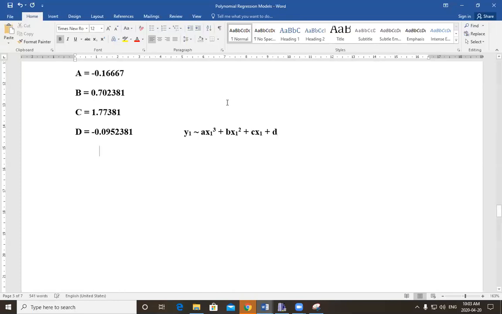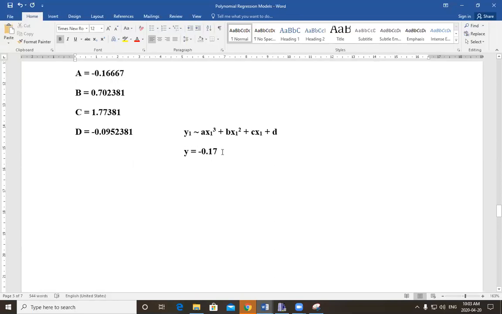So our equation then, y equals... Okay, to two decimal places, A is negative 0.17, B is 0.70, C is 1.77, and D is negative 0.095. Interesting. So now we have to round the 9 up, so it's negative 0.10. Okay, so we got our rounding, and now we plug it in.